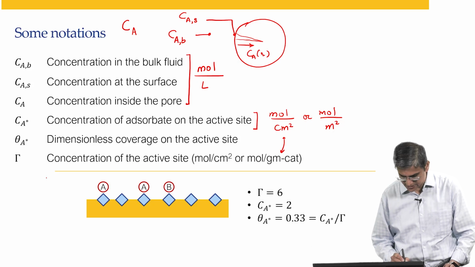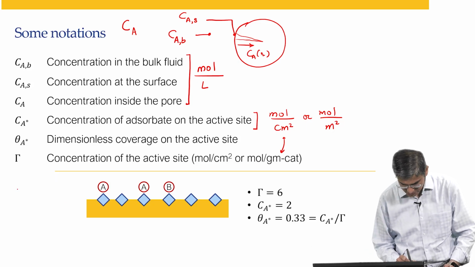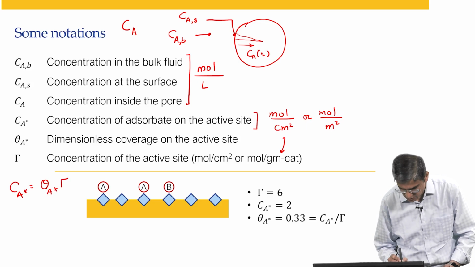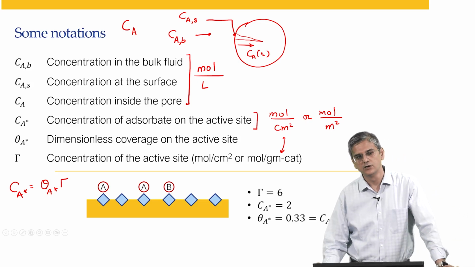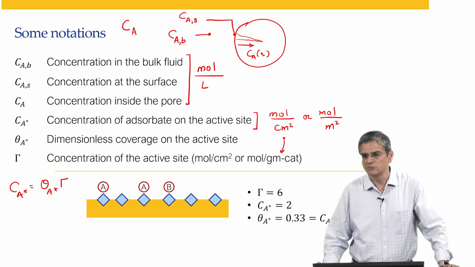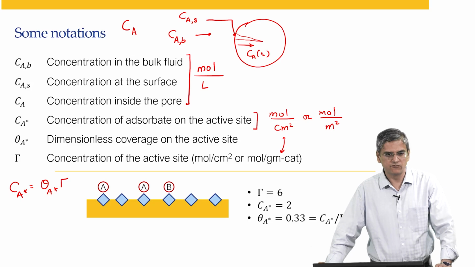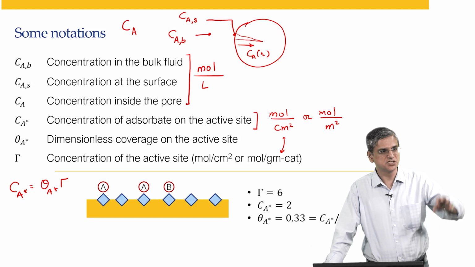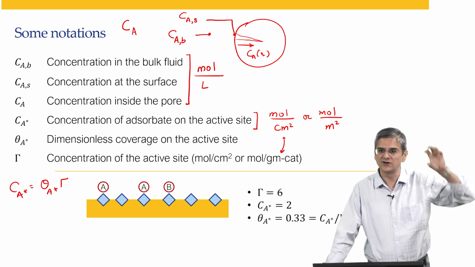And what we had said earlier is our Ca star multiplied by gamma. Again, for like 2 minutes in one of the previous lectures, I had said that this is valid only when species A is occupying only one site.